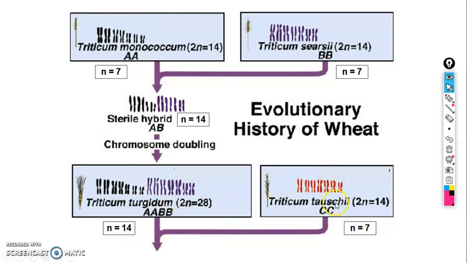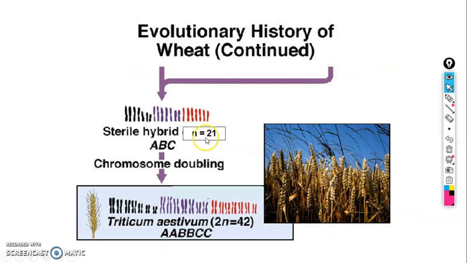If it fertilizes with Triticum tauschii, which produces gametes n equal to 7, after fertilization they will produce a sterile hybrid with n equal to 21, and it will undergo chromosome doubling to form Triticum aestivum, which is fertile and produces offspring.